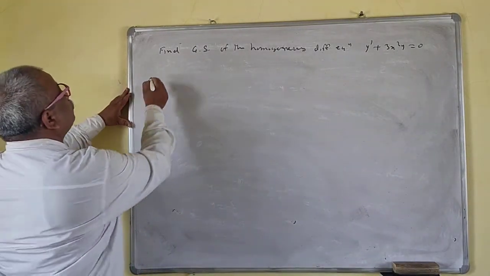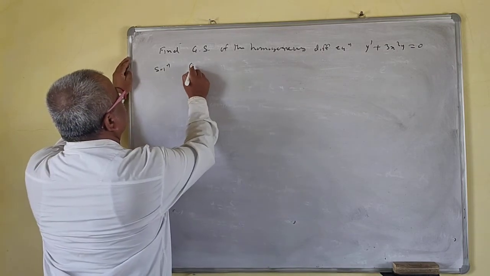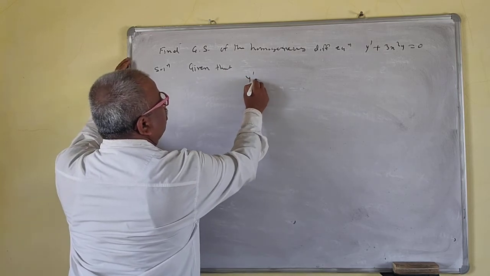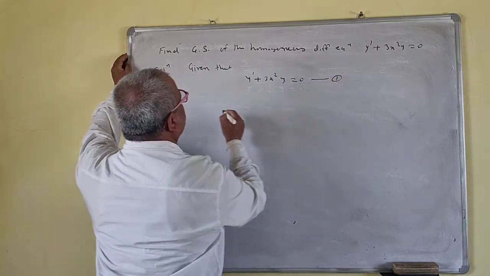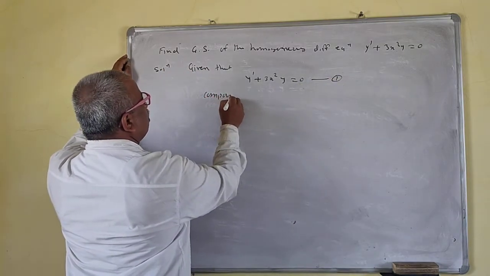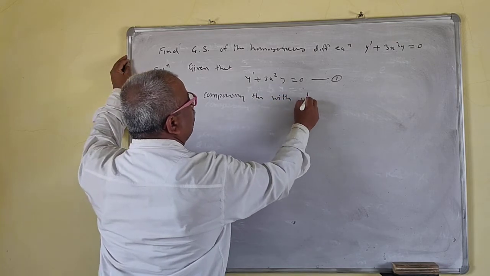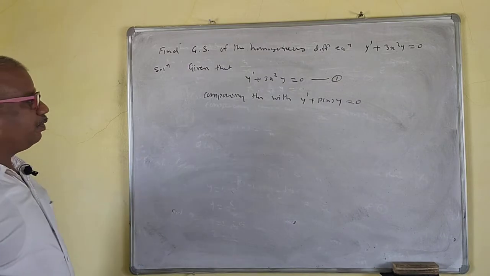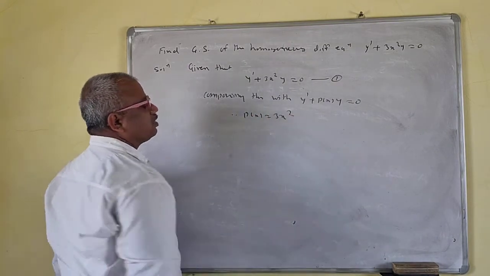You have to find a general solution. Given that y prime plus 3x square y is equal to 0, we call this 1. Comparing this with y prime plus p of x y is equal to 0, therefore p of x is equal to 3x square.